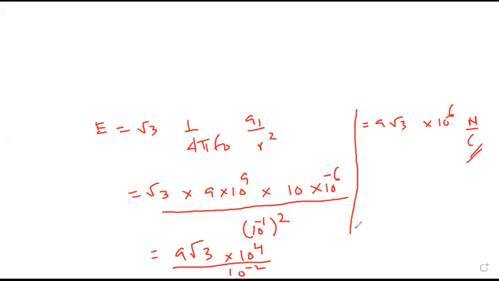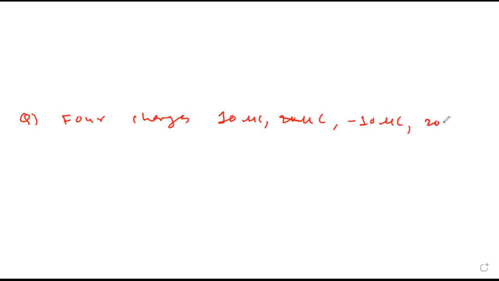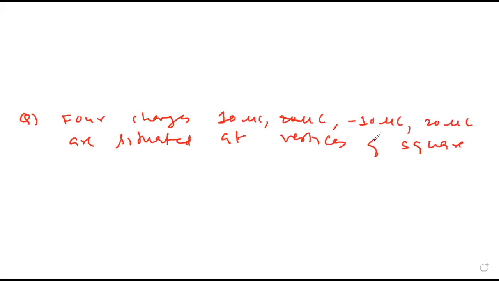Then shall we go ahead? Next. 4 charges, 10 microcoulomb, 20 microcoulomb, minus 10 microcoulomb, 20 microcoulomb, are situated at vertices of a square of side again 10 centimeter.